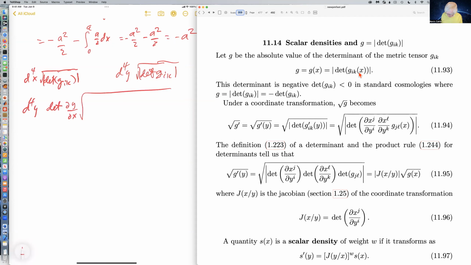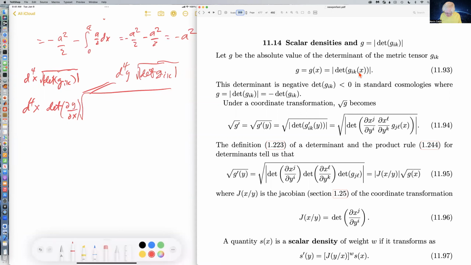I'm sorry, I got that actually wrong. So let me fix that. It's actually d^4y, in other words, d^4y is d^4x times the determinant of partial y partial x.